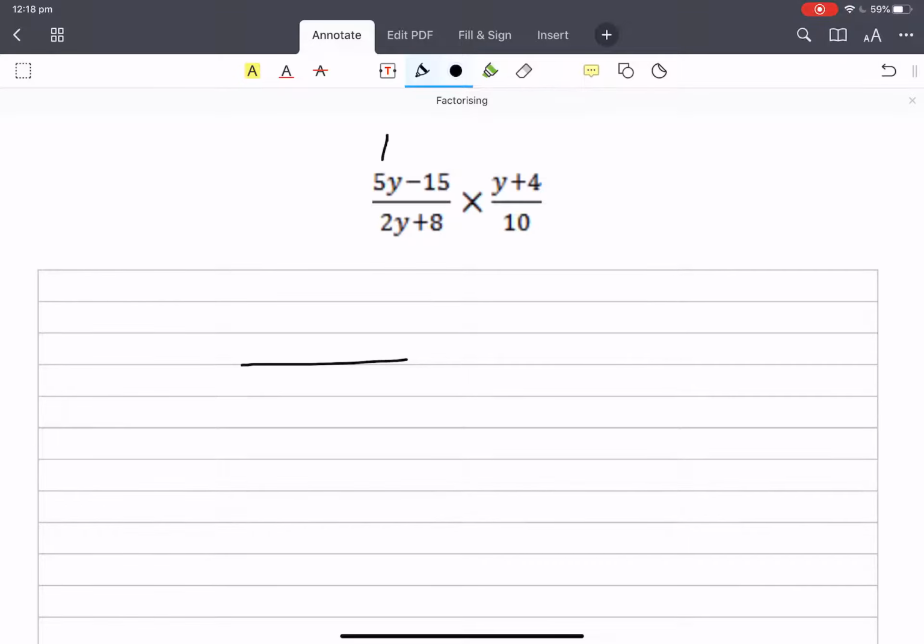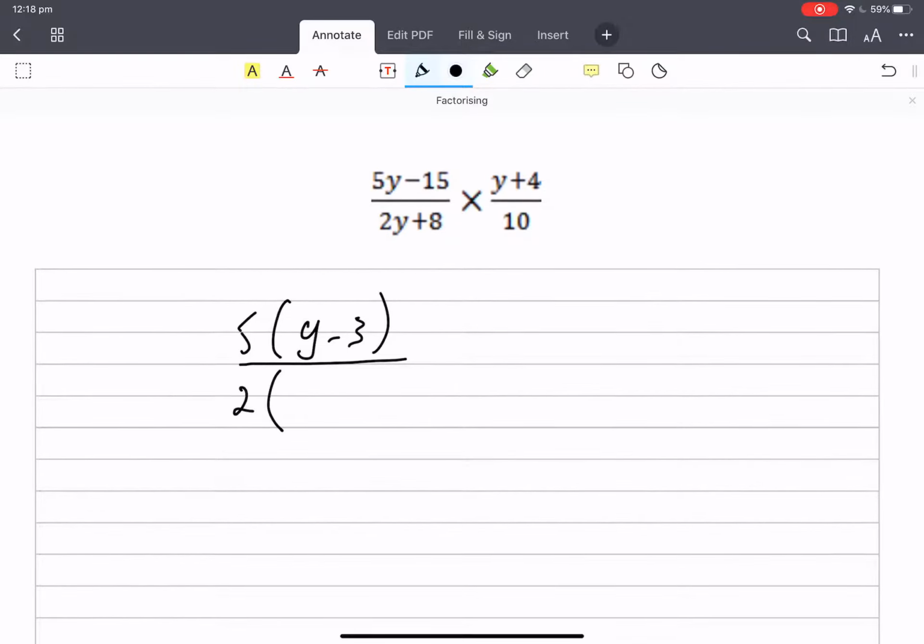And I reckon there's a 5 common. So 5 times y minus 3. On the bottom, there's a 2 common. So I'm going to pull the 2 out and go y plus 4.